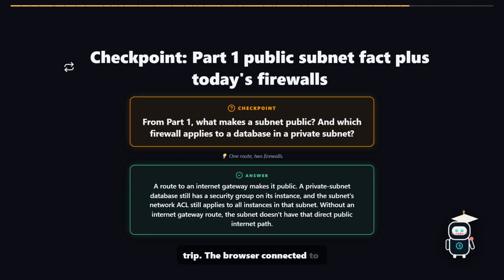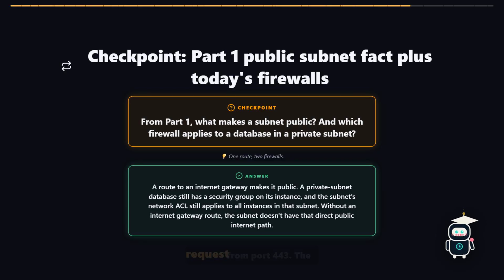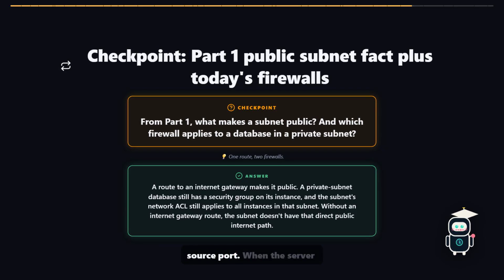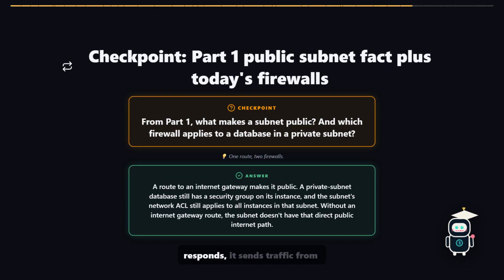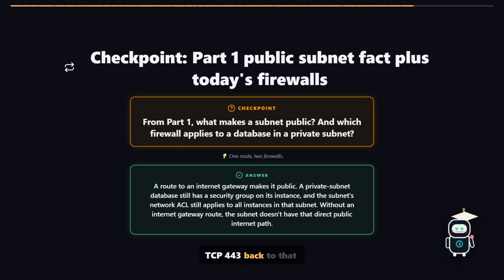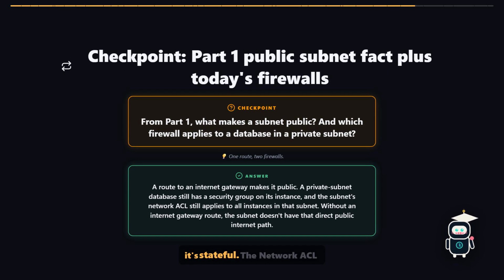The browser connected to port 443, but the browser did not necessarily send the request from port 443. The client selected a temporary ephemeral source port. When the server responds, it sends traffic from TCP 443 back to that temporary client port. The security group remembers the connection because it's stateful.